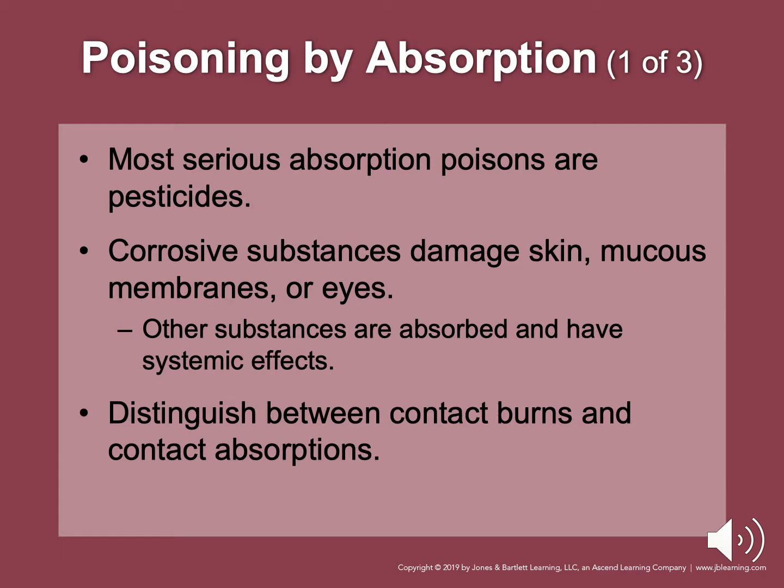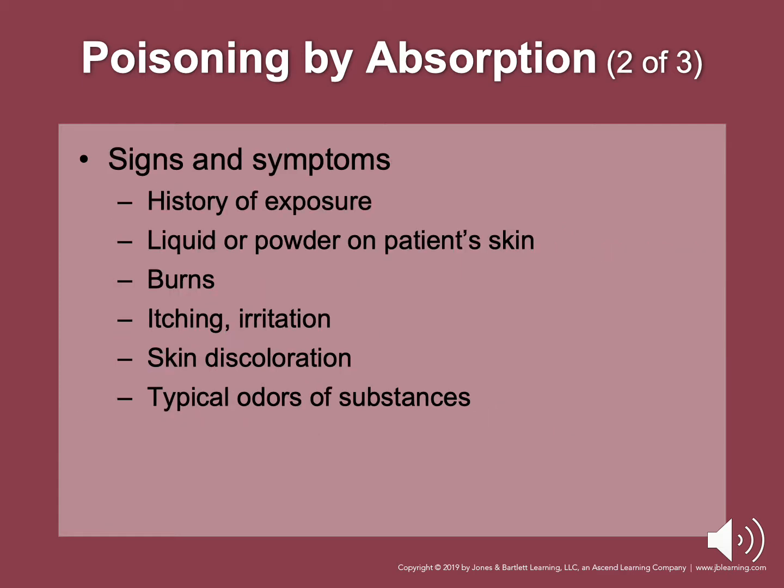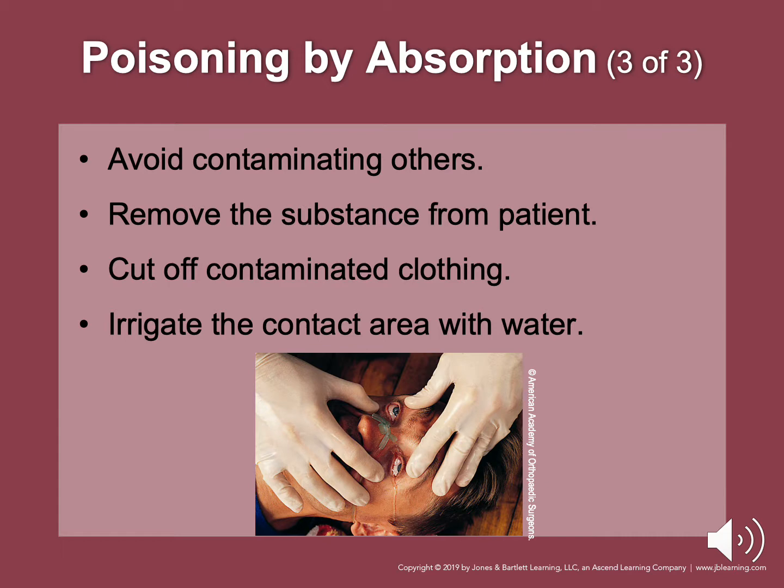So they distinguish between contact burns and contact absorption. Signs and symptoms may depend on the history of the exposure, the liquid or the powder on the patient's skin, the burns, itching, irritation, skin discoloration, the odors typically of the substance. So avoid contaminating others or yourself.